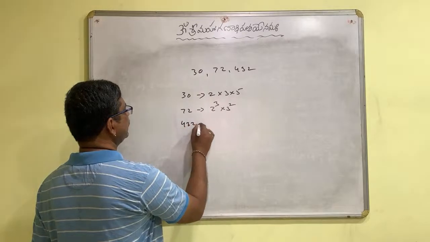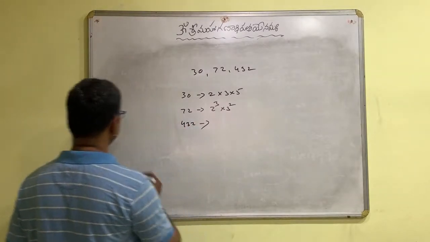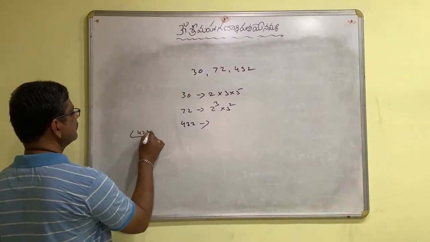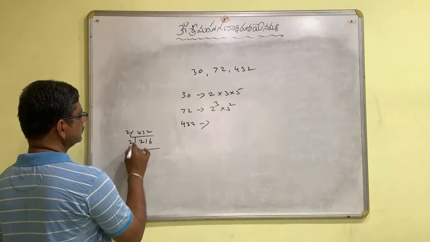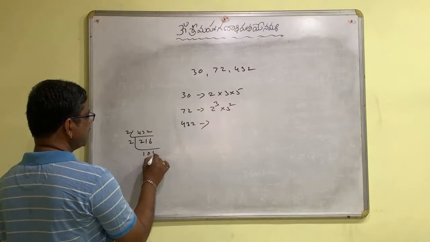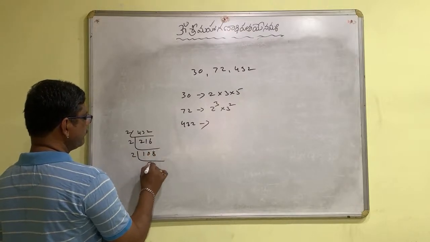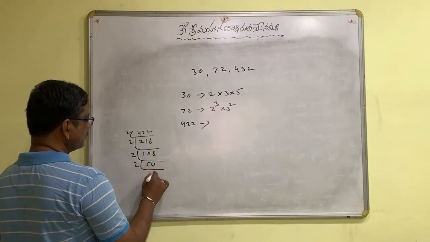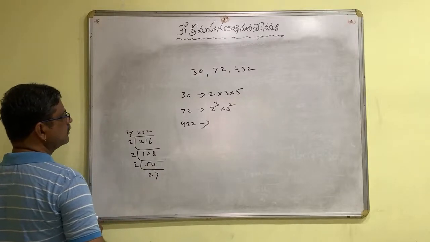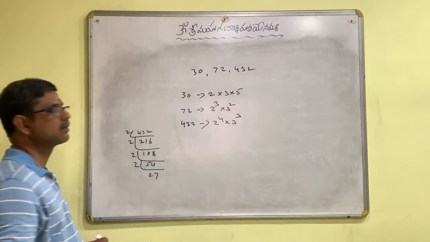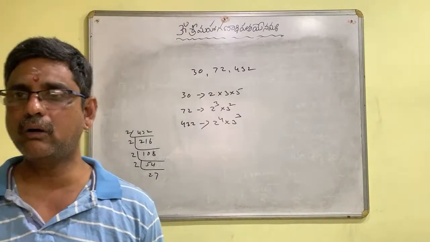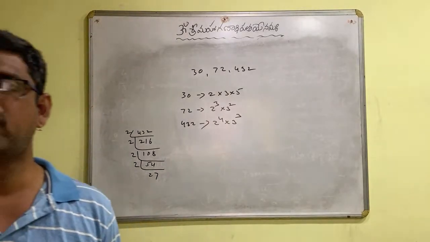And 432: 2 twos are 4, 216, 108, 54, 27. So 432 is 2 power 4 into 3 cube.